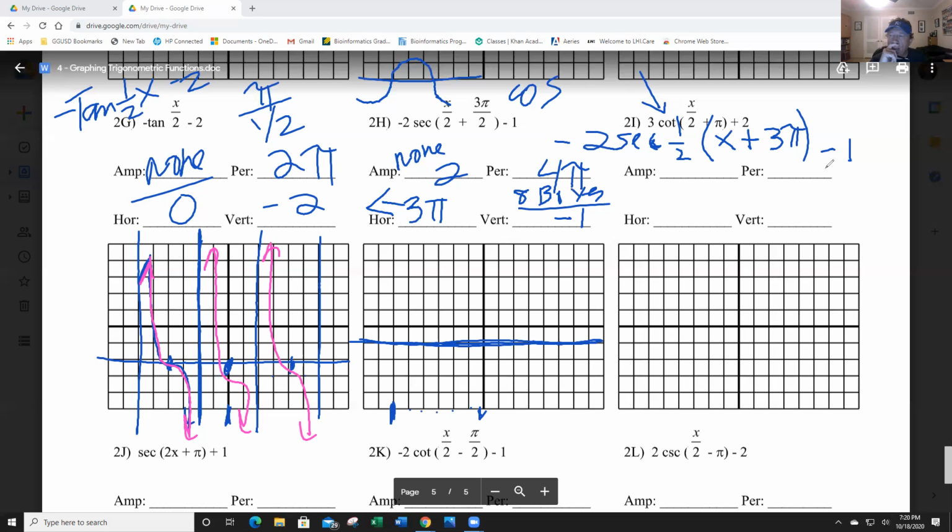And again, 4 pi is 8 boxes. So that's 6, 7, 8 goes right here. So cut this in half. 1, 2, 3, 4. Okay, those are my tick marks. Those are my points that I'm going to be establishing. I got to get the amplitude for the scaffold, which is 2, right? And remember, this is a negative secant.